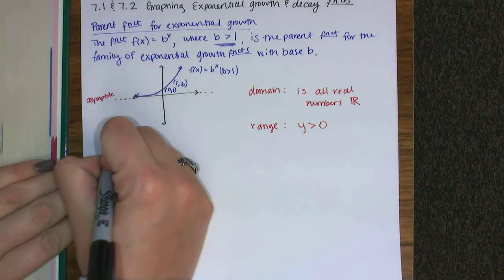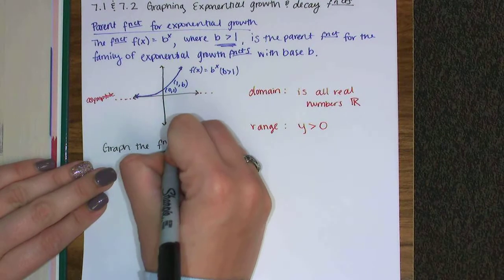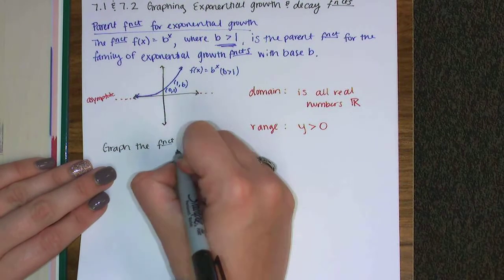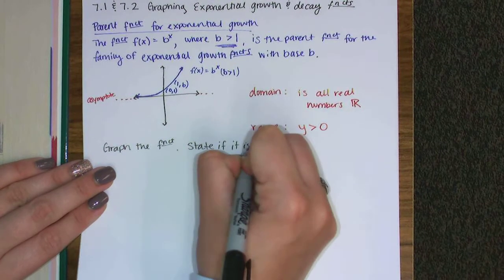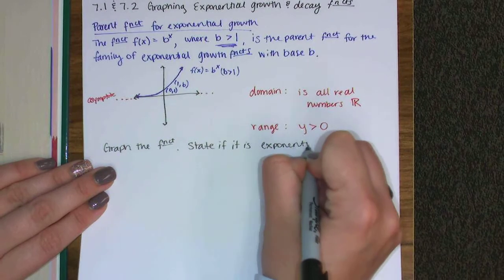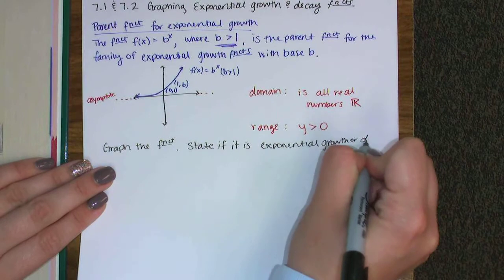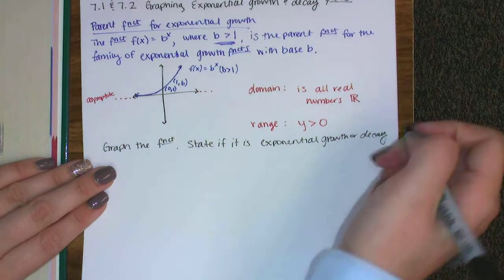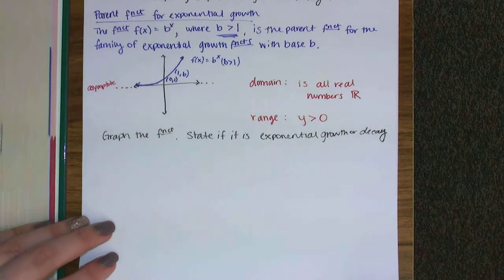Okay, you graph the function, and then just to get in the habit, you're going to state if it is exponential growth or decay. Okay, so just to get in the habit, because on a quiz, I'll just give you a function and you'll be responsible to tell me that.